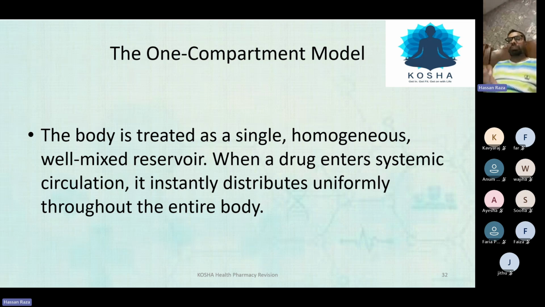So there are some drugs which follow one compartment model mechanics. What is one compartment model mechanics? In this model, we assume that the whole of our body is one compartment. You just need to understand that there is a glass of water, and you are pouring Panadol or aspirin into that glass of water.